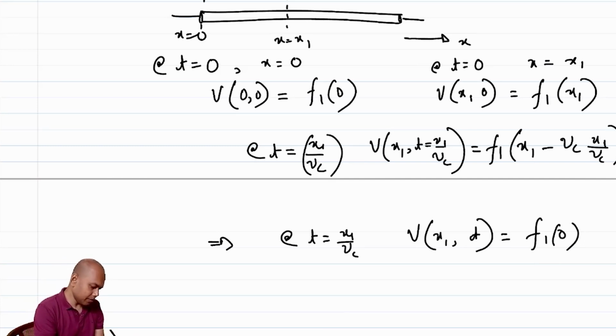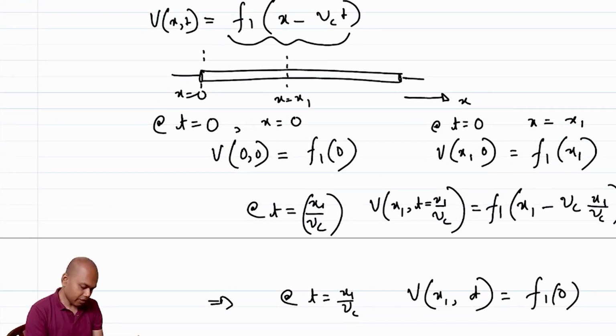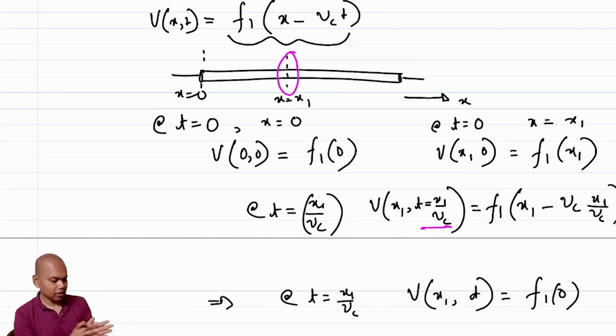So in plain English, the voltage at this point at t equal to x1 by vc, that is x1 away from x equal to 0, is essentially the same as the voltage that was there at x equal to 0 before x1 by vc.